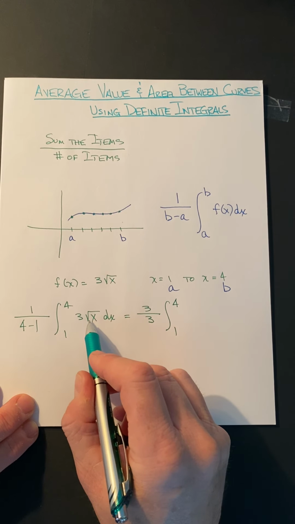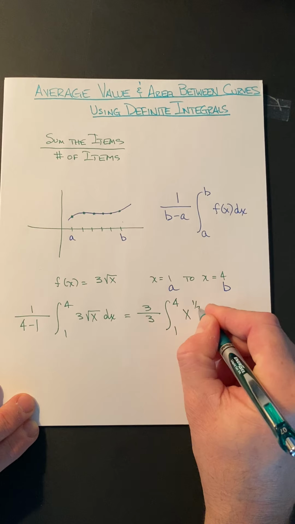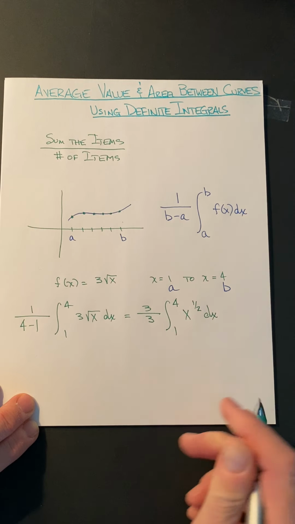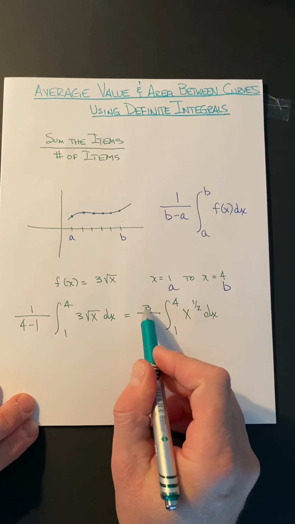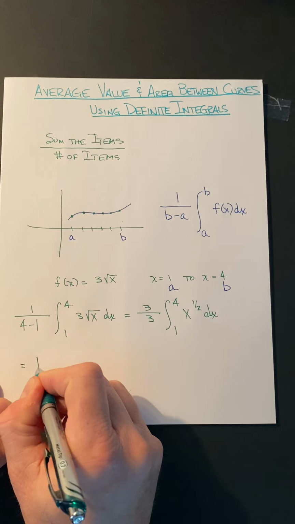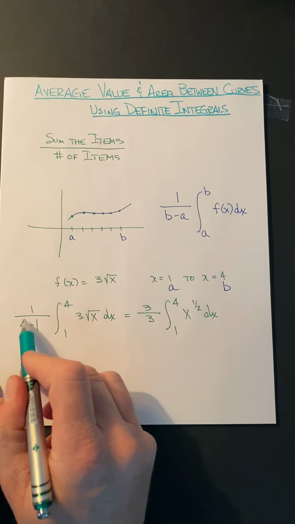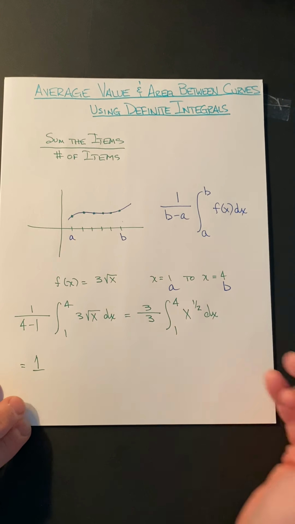And then I'm going to convert this radical into x to the 1/2 dx, okay? Now, this one worked out really, really nice for me, that 3 over 3 just becomes 1, doesn't it? So I just have 1 as a result of this fraction and this particular coefficient.